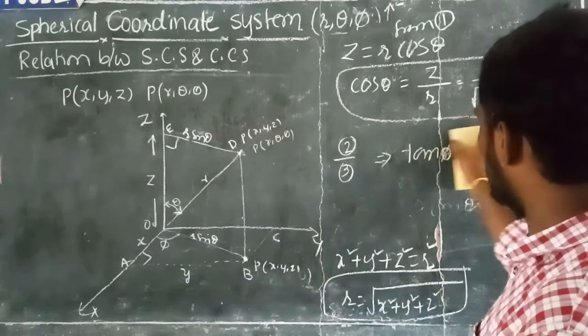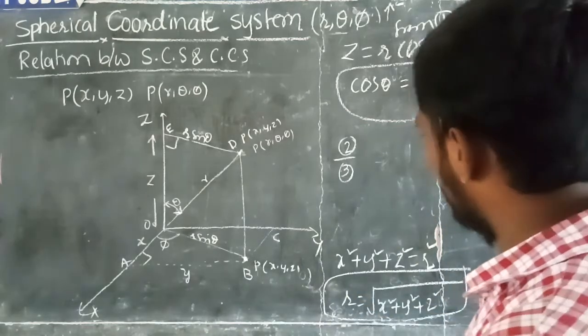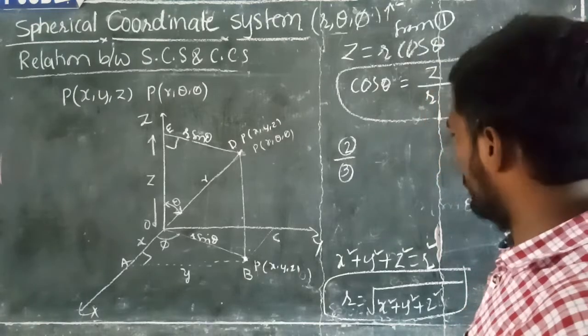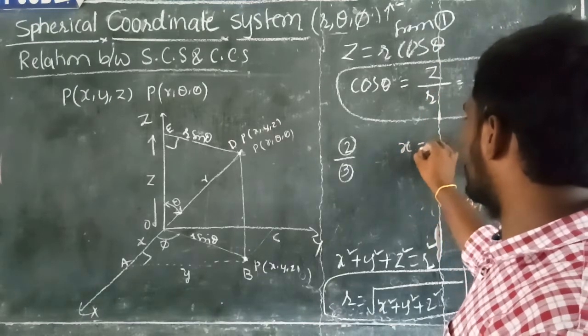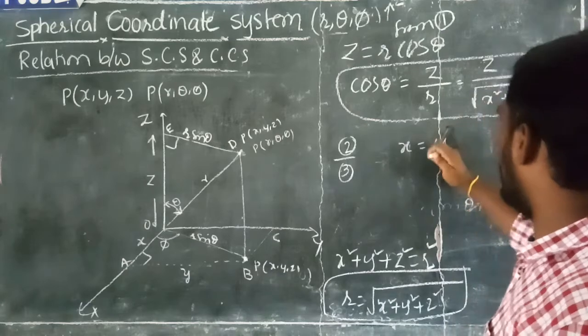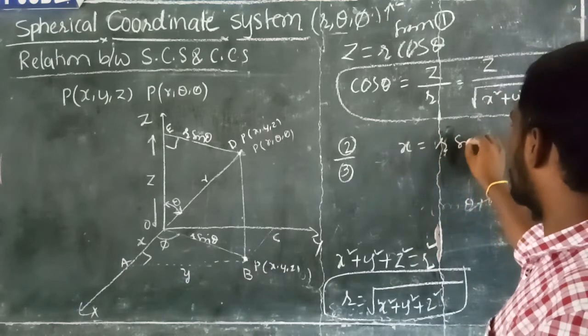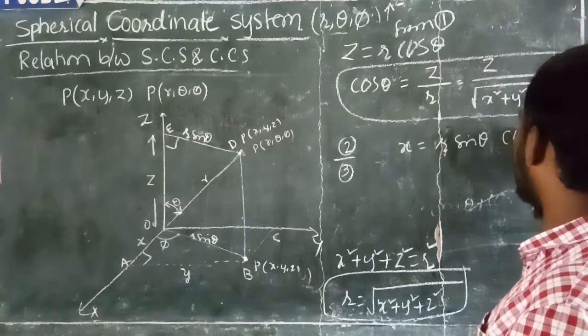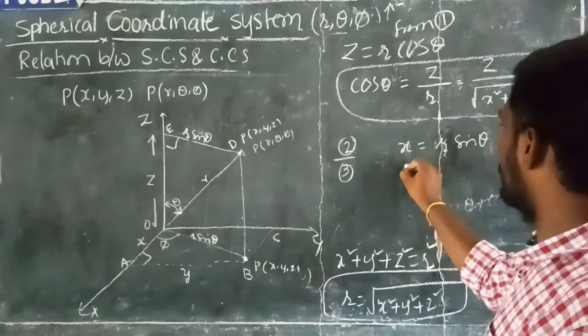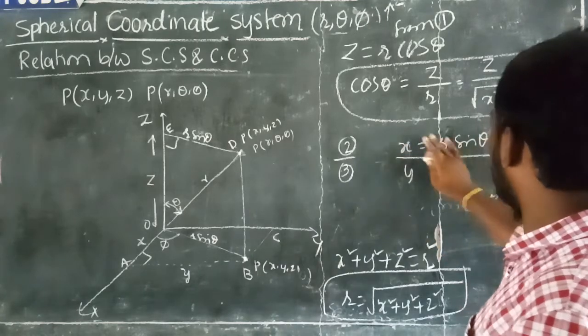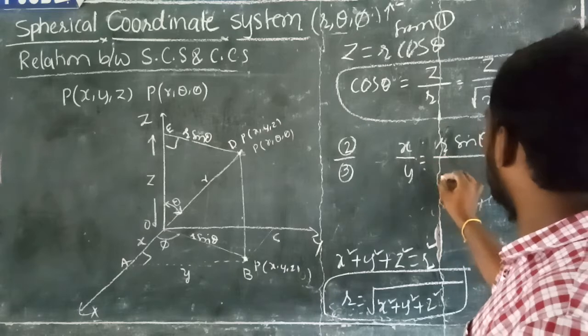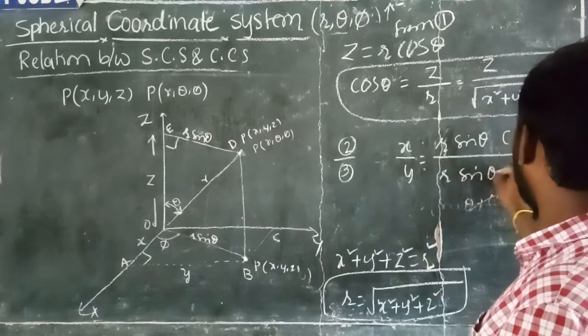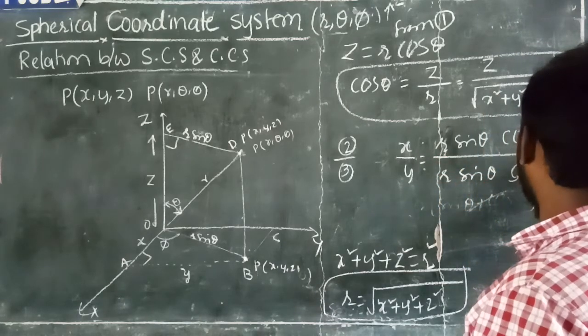Equation 2 is x is equal to r sin theta cos phi, and equation 3 is y is equal to r sin theta sin phi.